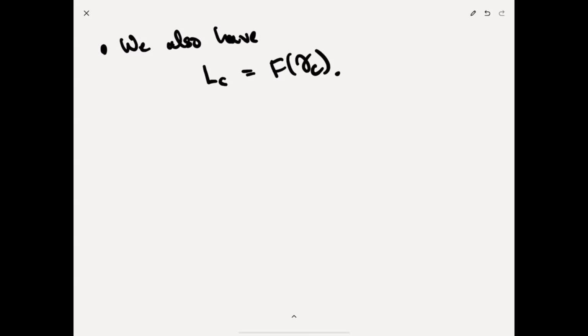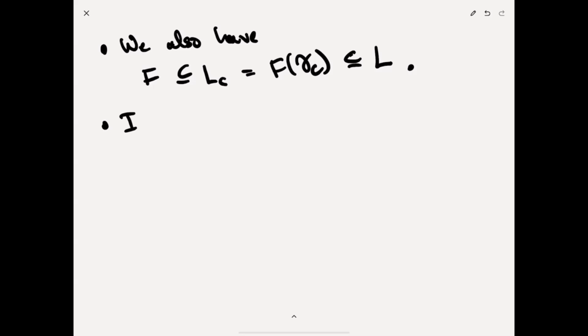And we also have the intermediate fields. This intermediate field, L of C, which we'll define to be F of gamma of C. Infinitely many of them. Now, this thing lives in between L, and it contains F. So this is L of C, it's in between these two things.